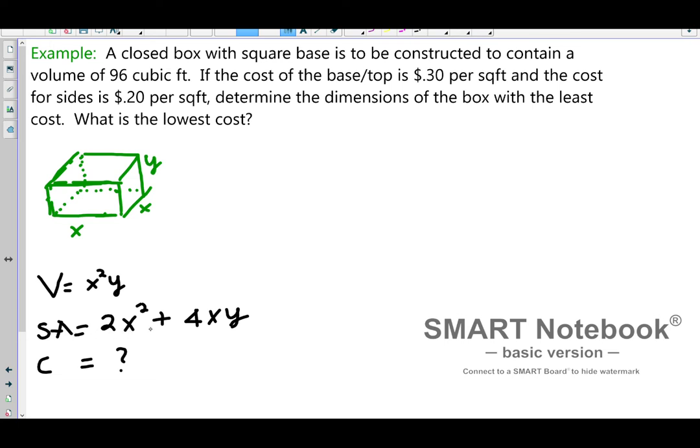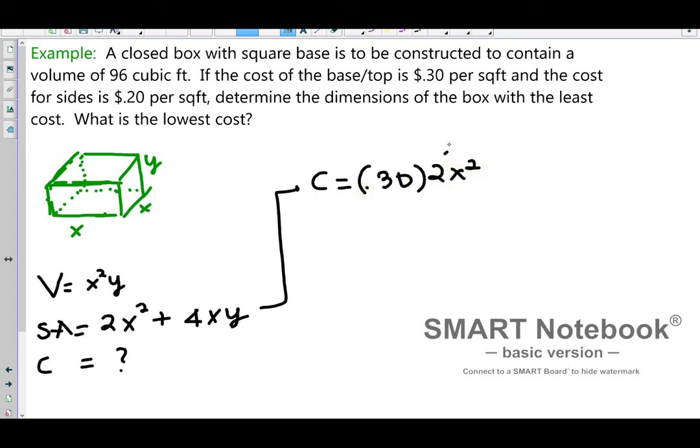So if the surface area is 2x squared plus 4xy, then cost is equal to, so 2x squared was the area of top and bottom, but cost per unit area there is 0.30. So it's going to be 0.30 times 2x squared.